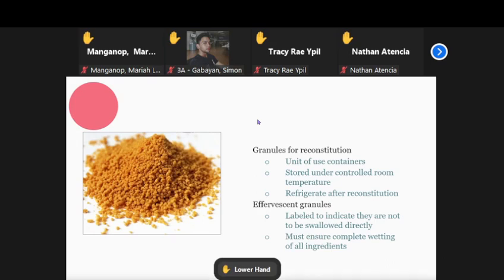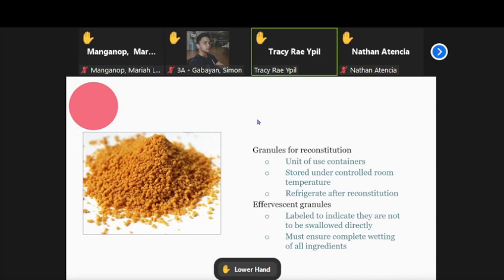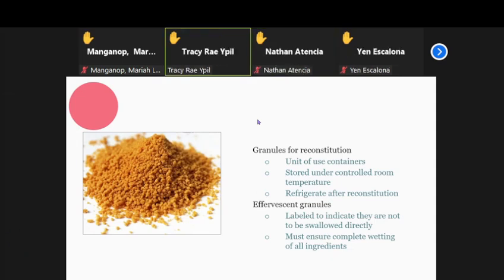Okay, what about you? For me, that is right, it enhances better taste, and also less chance of irritation, and it is more efficient in ingesting the ingredients and for ease of administration.